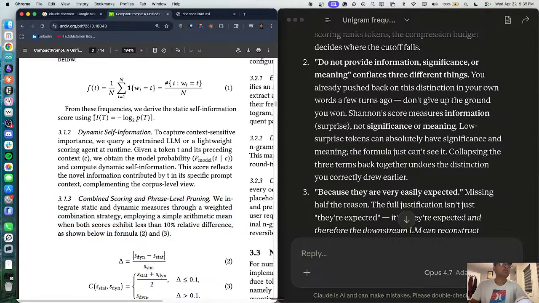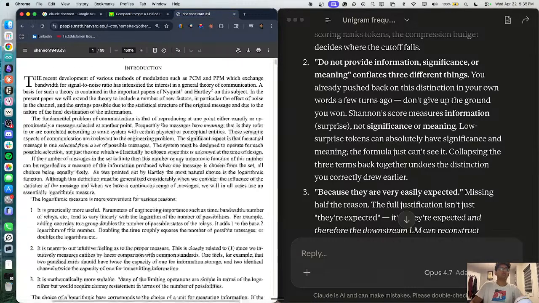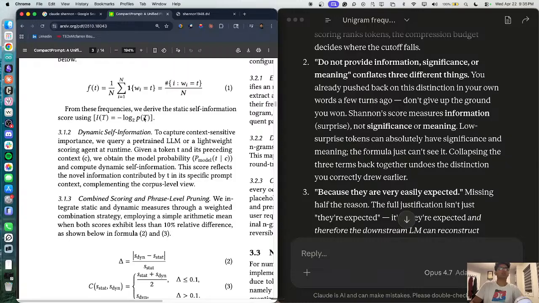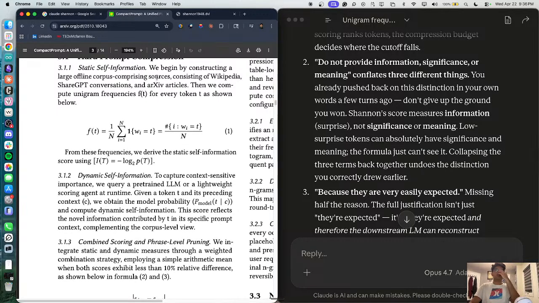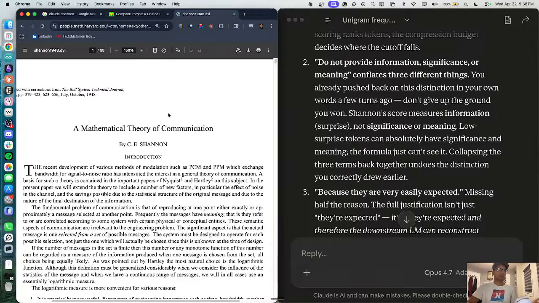And again, this is all part of that information theory, which has been theorized by Shannon. I'm not really going to go too deeply into it because I don't need to, right? It's not really relevant to the work that I'm doing because I'm working in applied AI. But still, it's good to know a little bit more about how exactly this works and where it came from, which was from this paper.